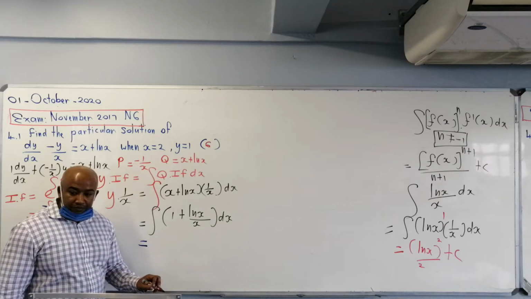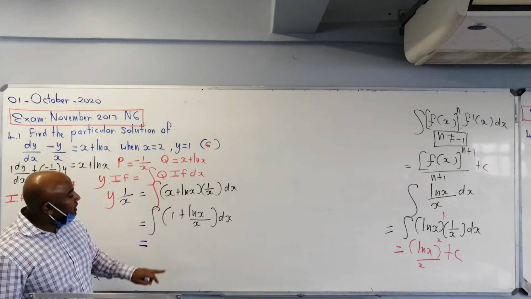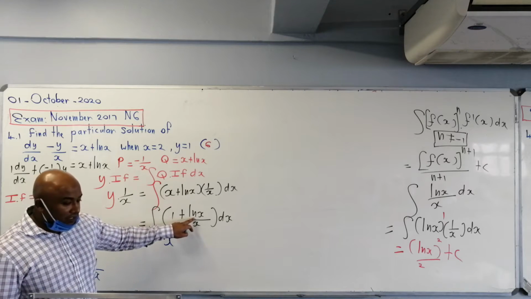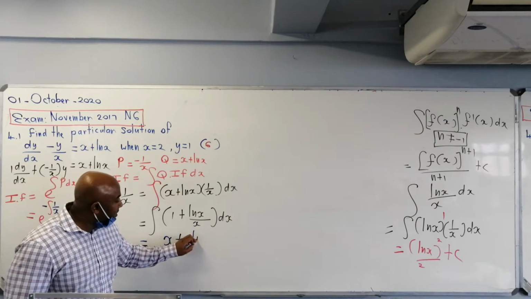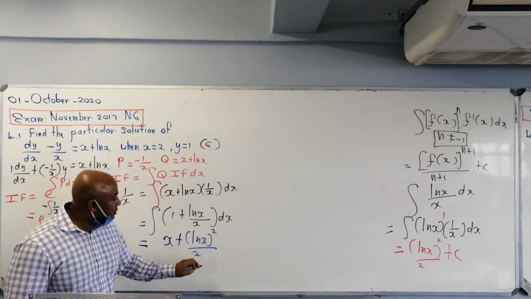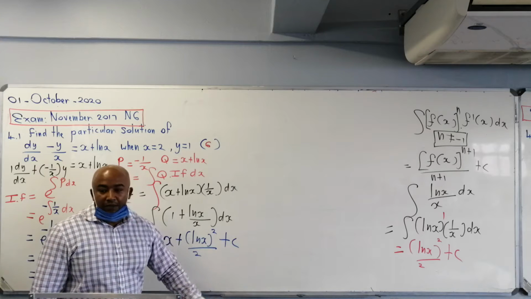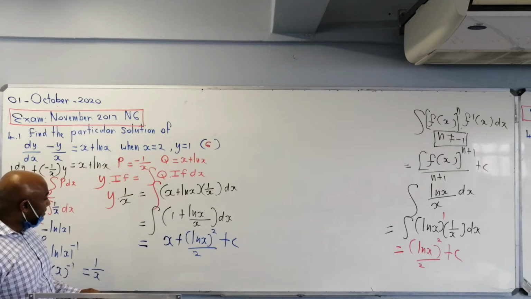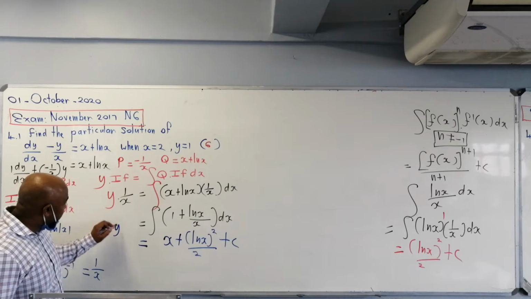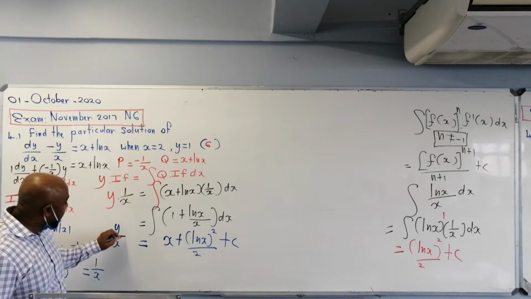Right, so now we're going to integrate 1, which is x. Integrate this here, that will be plus ln x squared over 2, plus c. So now that is our y. Okay, y times 1 over x is y over x.